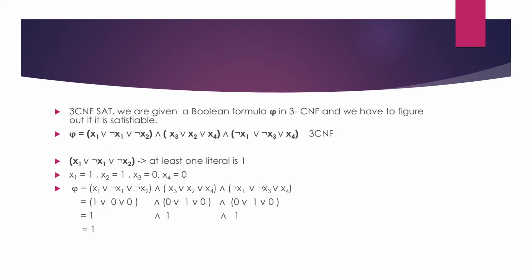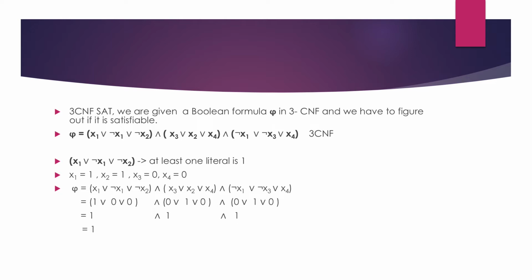Now the 3CNF SAT, which is the problem that we have to discuss. 3CNF SAT is a problem in which we are given a Boolean formula phi, of this particular form, that is, it has three literals in each clause, and we have to figure out if it is satisfiable or not. So what is satisfiability?